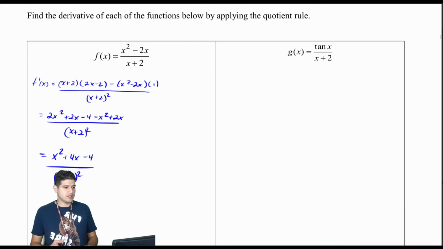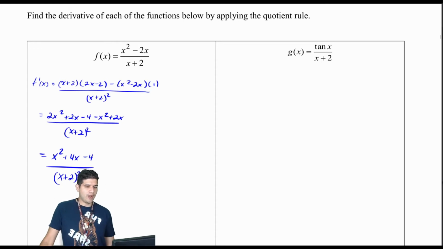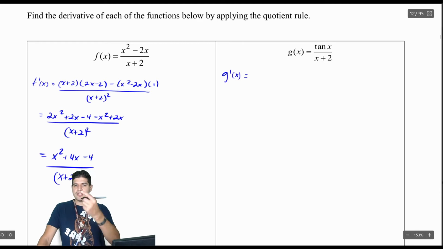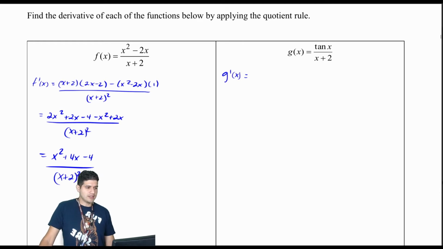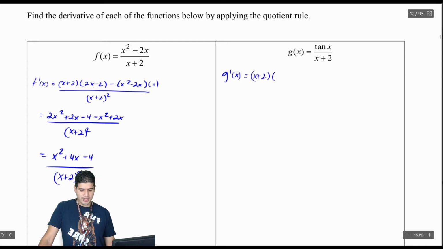All right, moving over here to our second problem. I want to find g prime of x, and again, that's going to just be an application of the quotient rule. So let's start this. That's going to be low, so x plus 2, d high. So the derivative of tangent is secant squared x, minus high, so tangent x, d low, so times 1, and square that denominator, x plus 2 squared.